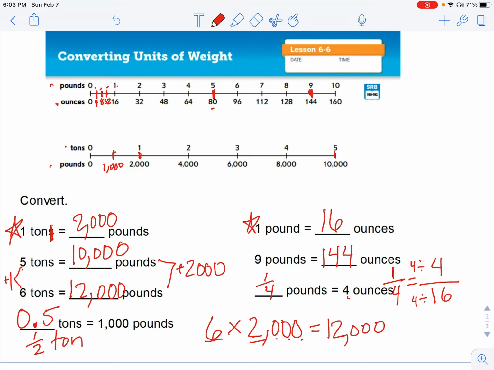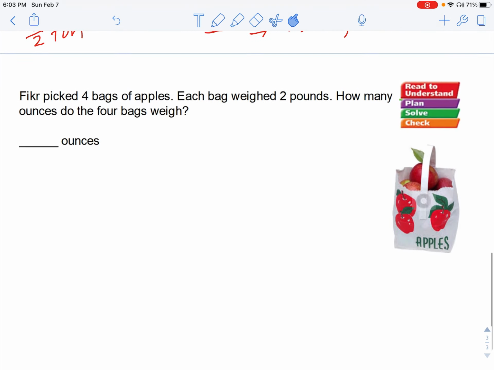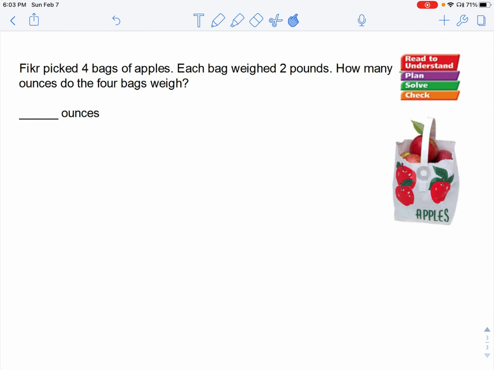Okay, now we're going to apply this knowledge to a word problem. Beaker picked 4 bags of apples. Each bag weighed 2 pounds. How many ounces do the 4 bags weigh? So what is your question? Say it with me. How many ounces do the 4 bags weigh? How were they trying to be tricky here?